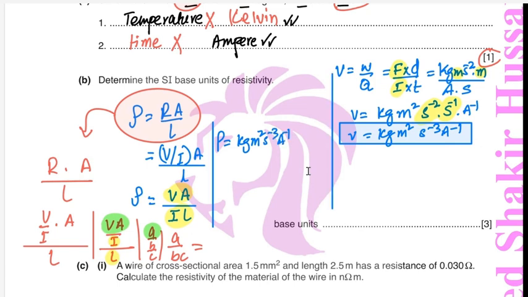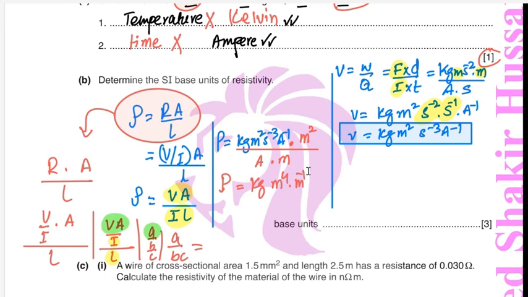So now resistivity is equal to what? It's potential difference, that's kg m power 2, s power minus 3, A power minus 1, into area. What is area? Meter squared. Over current. What is current? It's amperes. Into length. What is length? It's in meters. So resistivity will become kg m power 2 and m power 2, so m power 4, and m in the denominator will become m power minus 1.